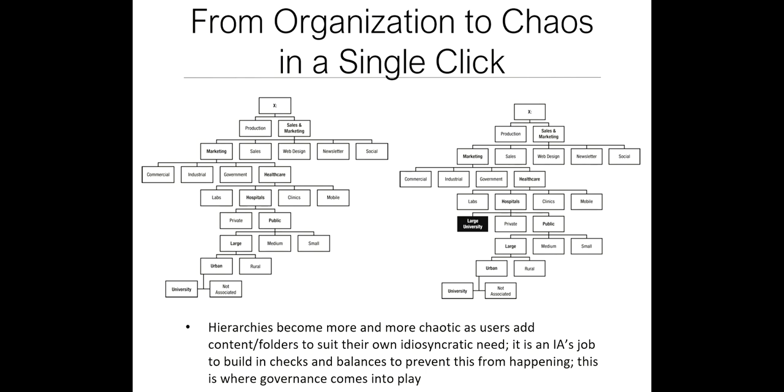It's an information architect's job to build in checks and balances to prevent this from happening. So what we have on the left on this slide is a well-organized intranet hierarchy. On the right, a user arbitrarily adds a new category, and instantly all that good work is shot to heck. This hierarchy example, by the way, is from Practical SharePoint Information Architecture.